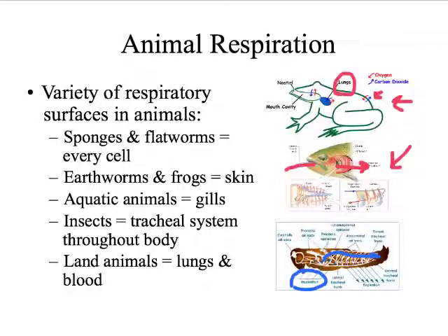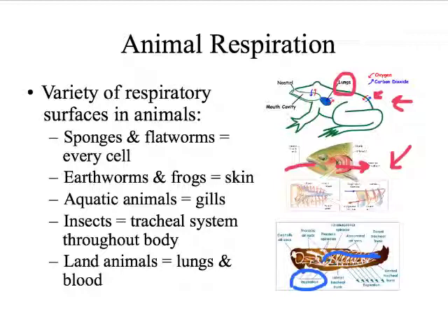And each cell is close enough to one of these tracheal spiracles or air sacs that it can receive the oxygen that it needs. Their whole body is kind of like lungs. It's kind of weird. Same thing happens with birds as well. They have their lungs and air sacs go throughout their body, and even some of them into their bones, which makes them very light and able to fly.